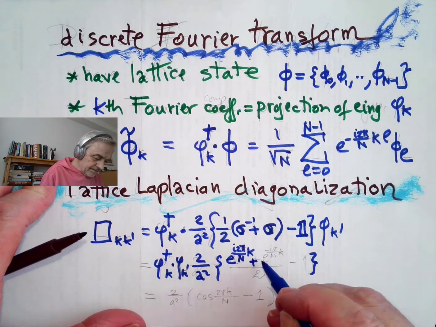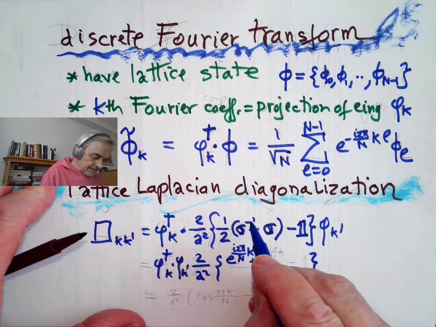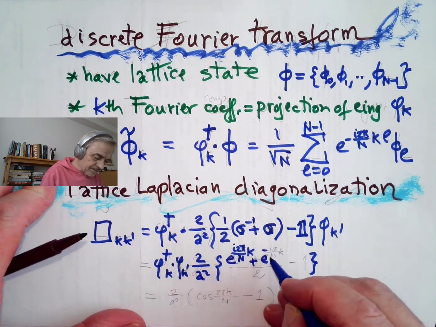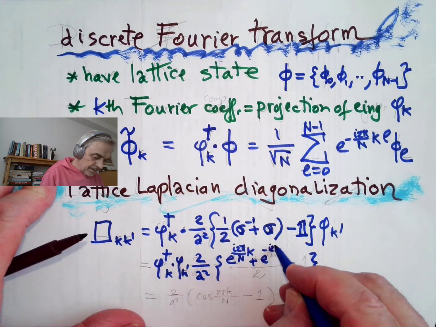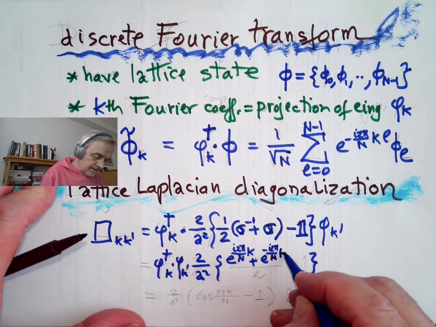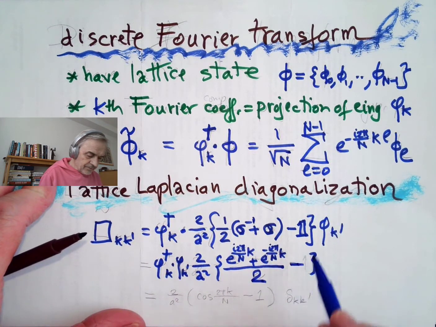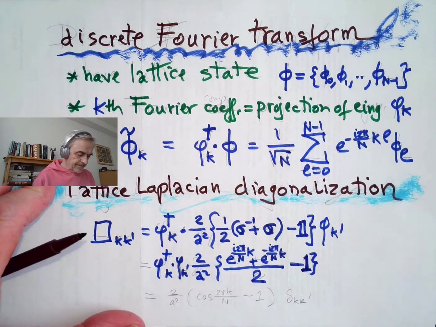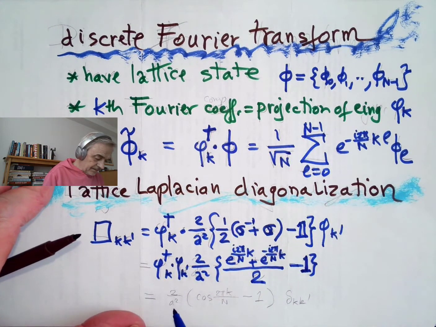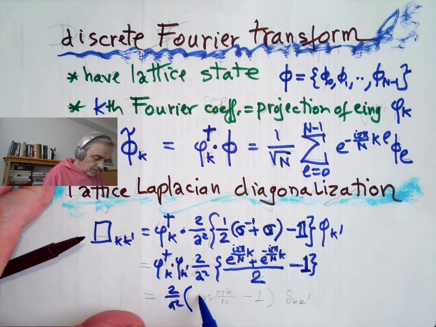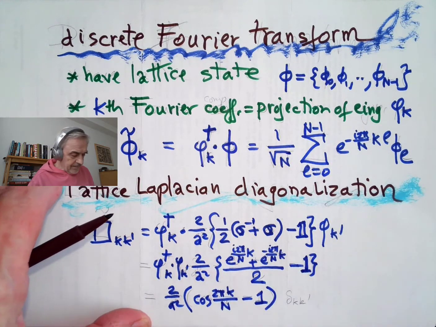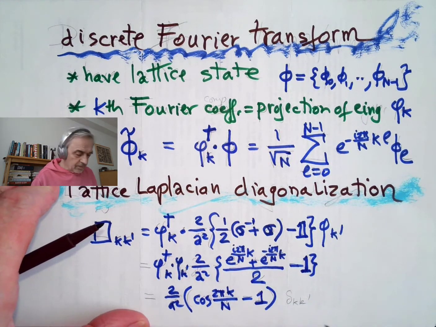And this one is the complex conjugate of that one. It's the inverse, so it has a minus up here. 2 pi over n times k, divided by 2, minus unity, which in a one-dimensional space is just the number 1. So this is called cosine. So I get 2 over a squared, cosine of 2 pi k over n minus 1, times the Kronecker delta.